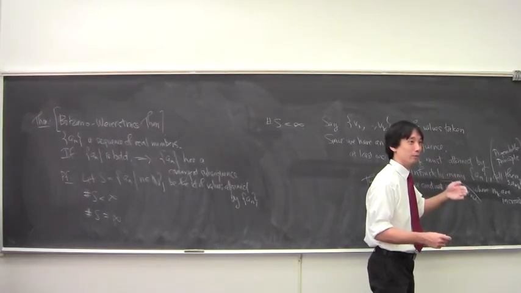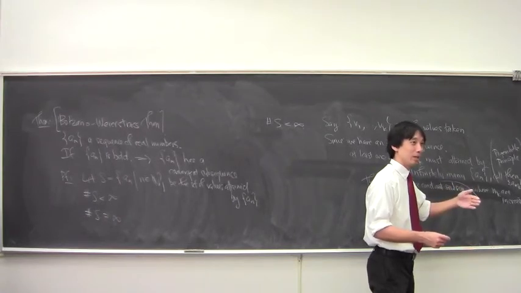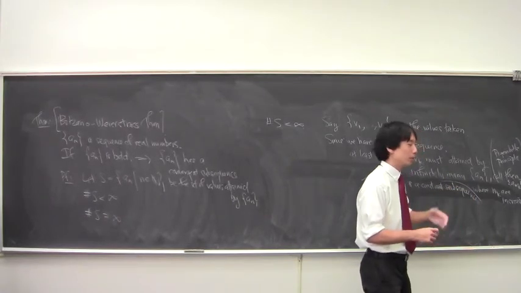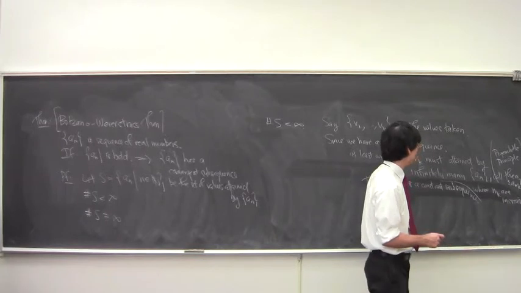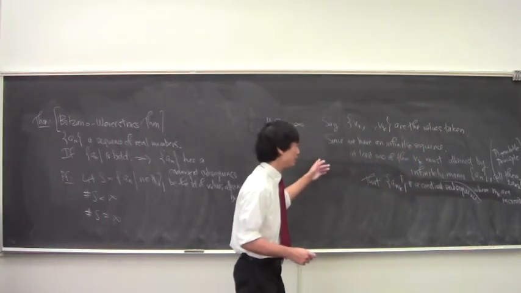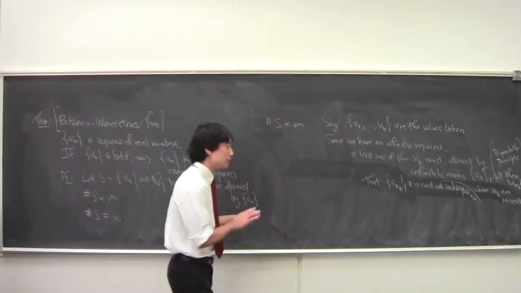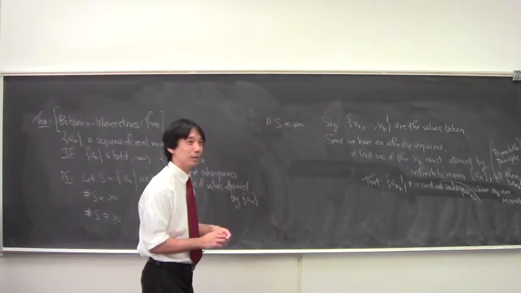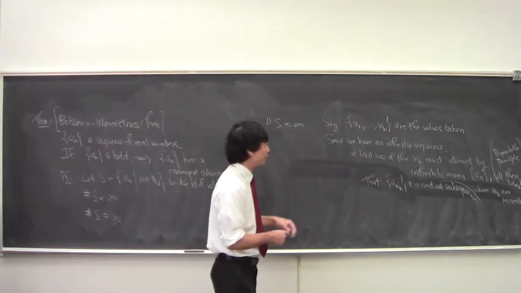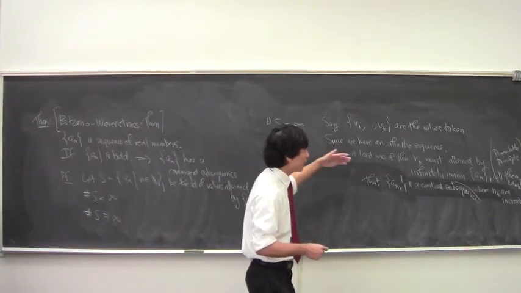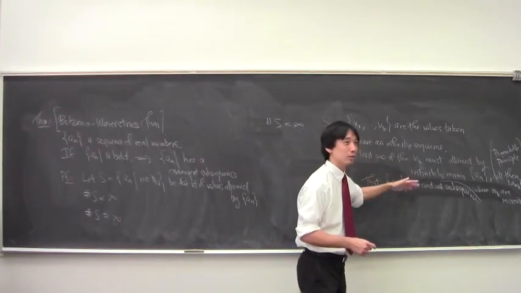Call that one a sub n1, and so on and so forth. Go to the next one, right? But it's pretty clear that you can do it. I guess to be proper, you probably should write down a rule. But it's pretty clear that you've got infinitely many of them, so just use them as your subsequence.